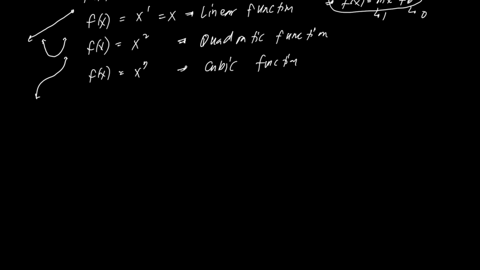Next, what if the variable is our exponent? Example, f of x is equal to b to the x.